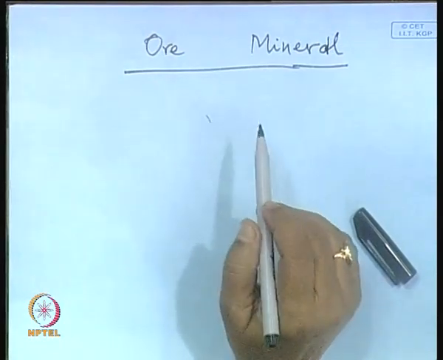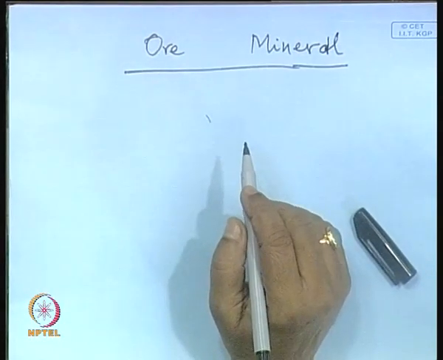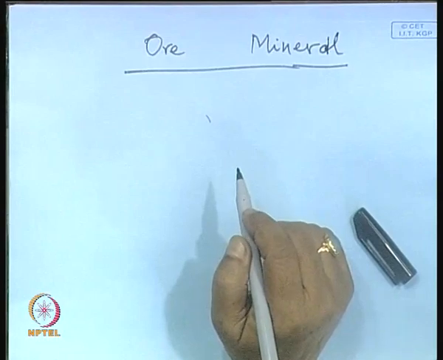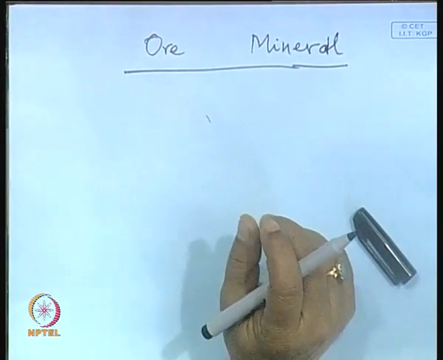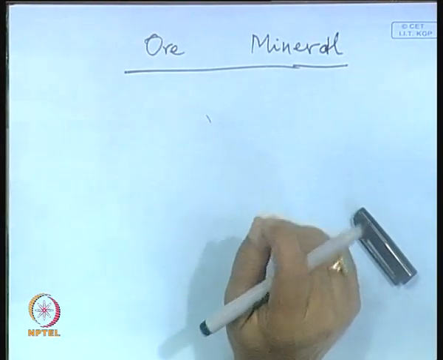Ores contain minerals, but the word mineral means a naturally occurring inorganic compound containing one or more metals in association with non-metals such as oxygen, sulfur and halogens, in more or less a fixed composition. Like when you say hematite is a mineral of iron, hematite composition is Fe2O3.